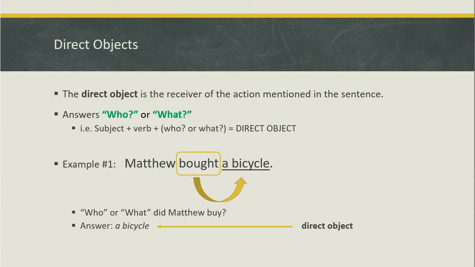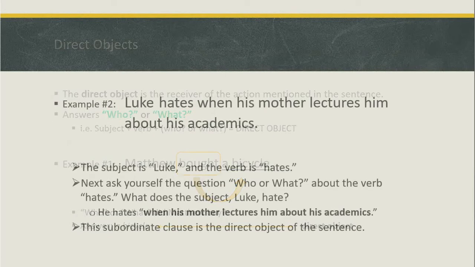Step 2, find the subject, who or what bought, Matthew. Now, in order to find the direct object, I must ask who or what after the verb, or who or what is receiving the verb. So bought, who or what, and a bicycle answers what. So therefore a bicycle is the direct object.